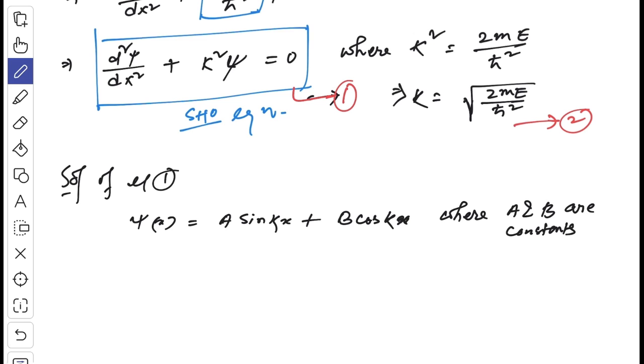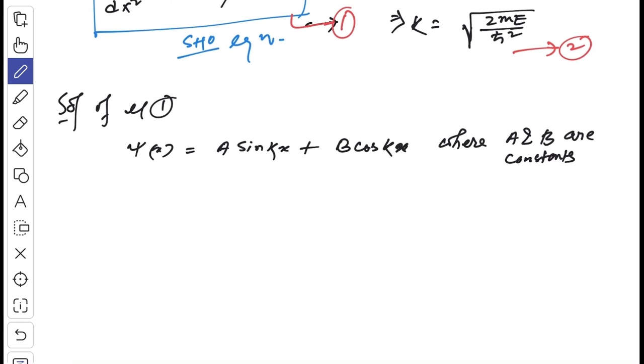Now if you apply the boundary conditions, here is the potential well, and this is 0, this is a. This is an infinite square well potential, so the particle cannot go outside the box. It is confined in this box, so it can exist within this range only, x greater than 0 and less than a. At x equal to a and x equal to 0 it cannot exist, and it cannot exist outside as well.